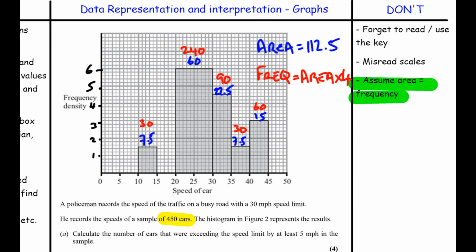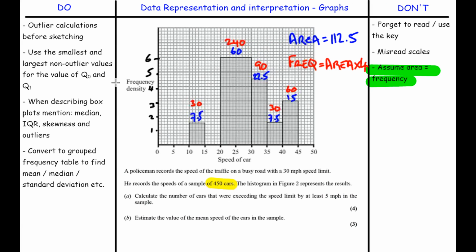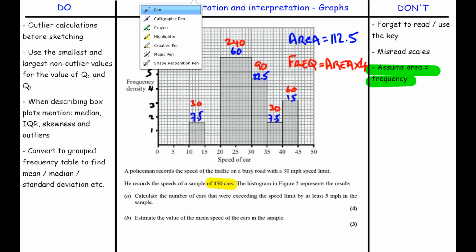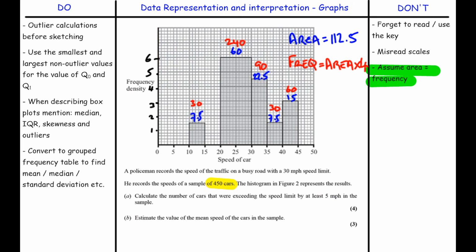Okay, another point to make here, sometimes we're asked follow-on questions and we're asked to show or to calculate the mean. We could easily be asked for the median, the standard deviation. This histogram does need to turn into a frequency table. So converting histograms into a grouped frequency table to find any of these values.